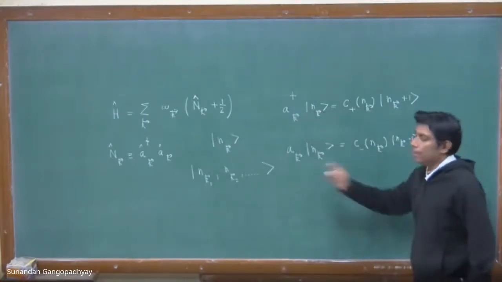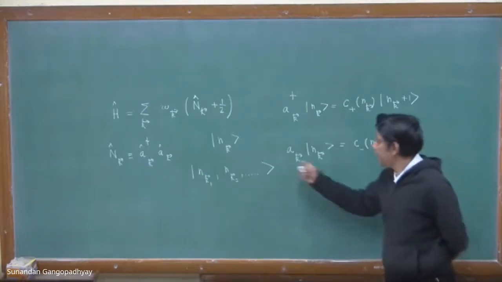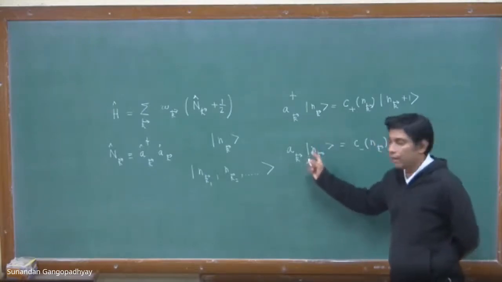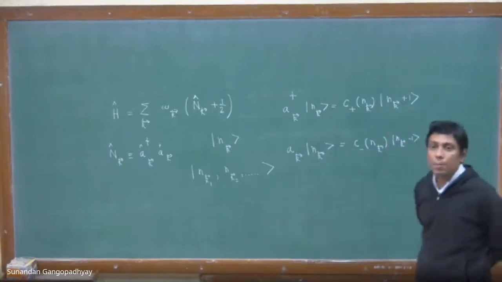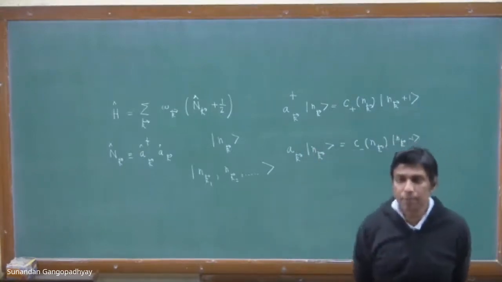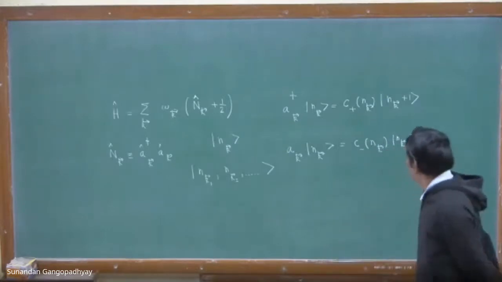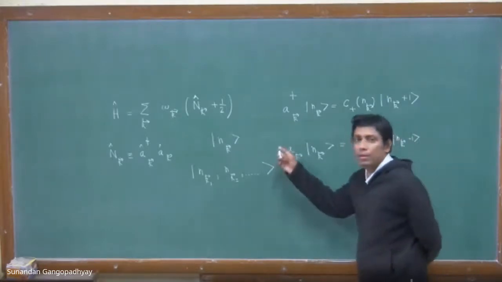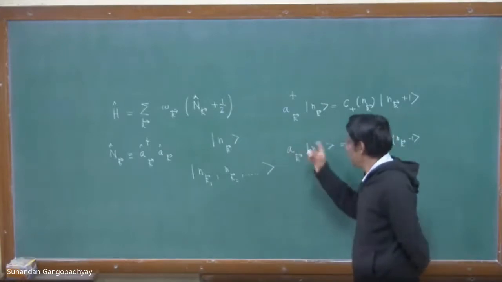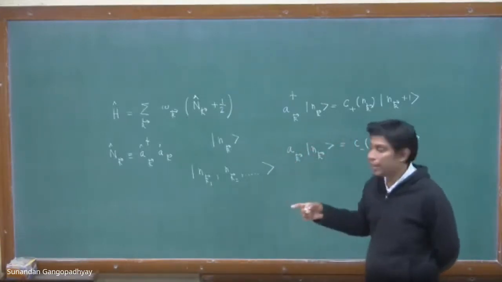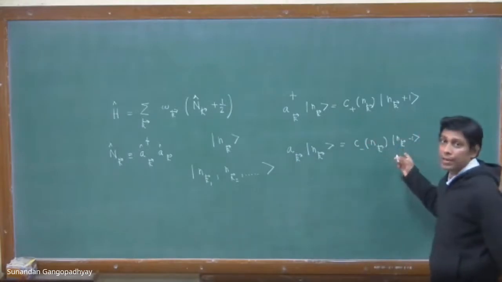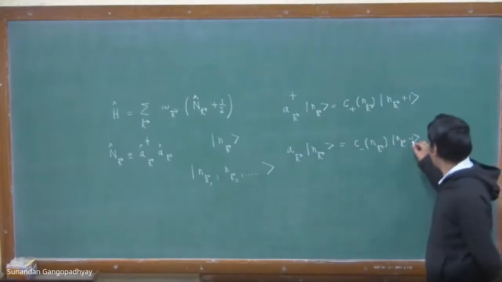So we have done these calculations and we have seen that a_k acting on this state gives you a state with one particle less, right? And so in this way, if you keep on acting on this state n_k, this has the interpretation of an annihilation operator because it annihilates one particle with momentum k.